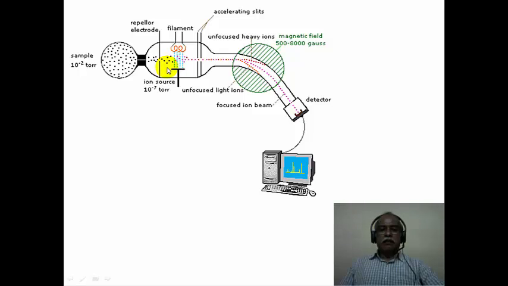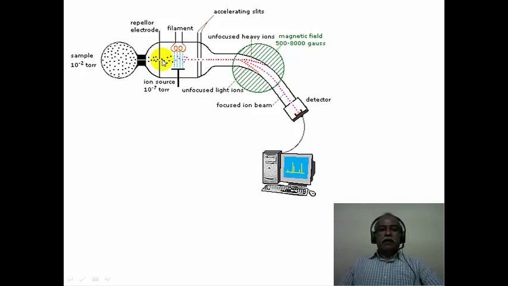The ionization chamber is maintained at a much higher vacuum of 10 to the power minus 7 torr or 10 to the power minus 6 torr in that particular range, and this essentially consists of a cathode ray tube kind of an arrangement where you have electrodes. There are two electrodes. One of them is a heated filament which produces electrons of high energy, which get attracted to the other, positive electrode of the combination that you have here.